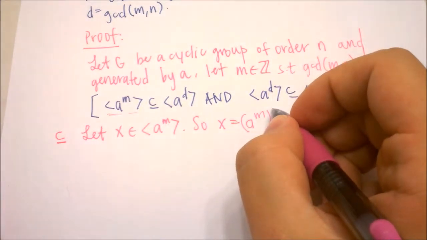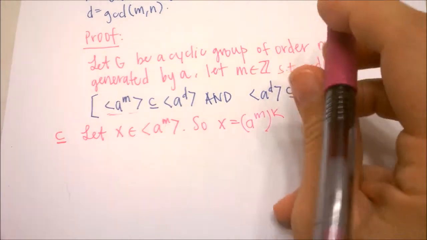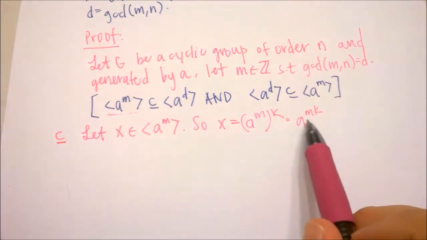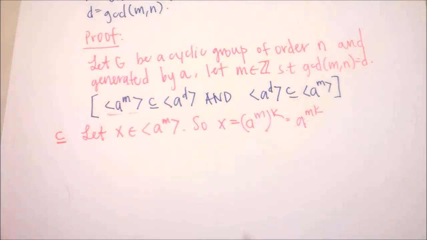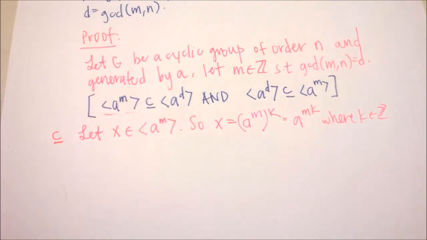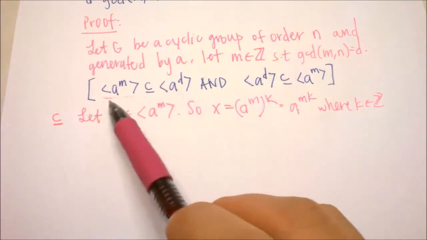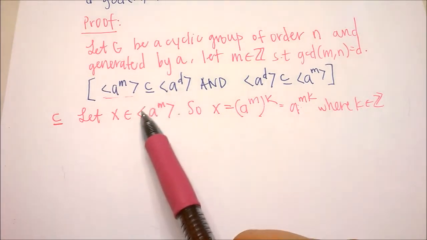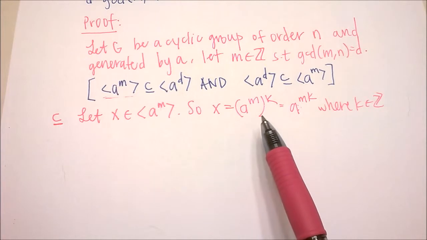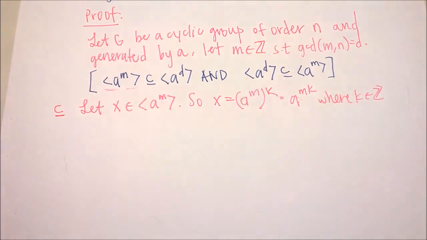So x is equal to a^(mk). We know we can write that just by law of exponents. We're trying to do left side containment. We saw that ⟨a^m⟩ is a cyclic group, so we use the definition of cyclic groups to rewrite x as a^(mk).